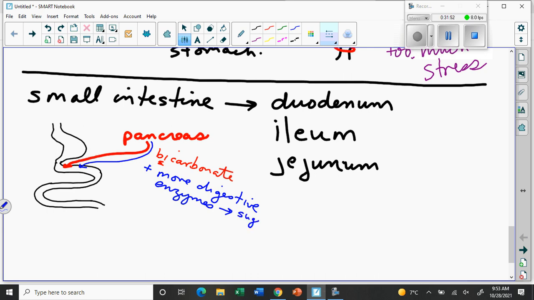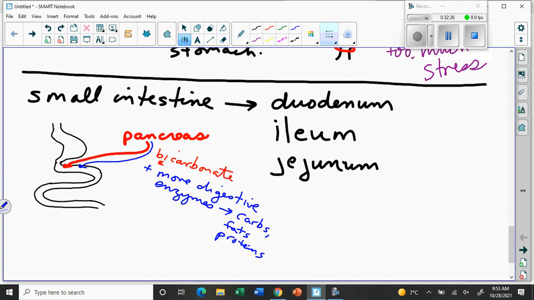I guess I should say carbohydrates, because there could still be some starches, right? So the amylase got the process going, but it takes a long time, and so it's not like everything happens instantly. So there could still be carbs, carbohydrates, fats, or lipids, and proteins. So the pancreas is a very important organ for digestion because it adds another sort of cocktail of digestive enzymes to break things down even more.